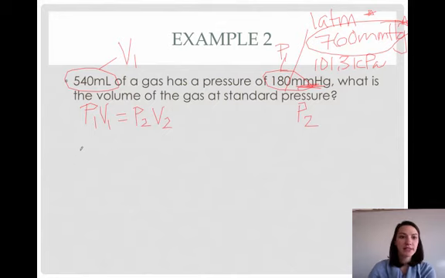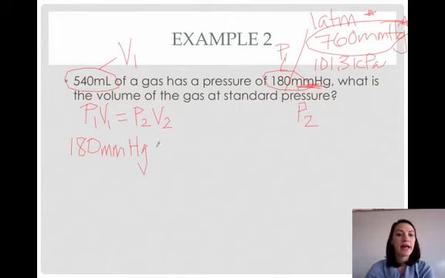So my pressure is going to be 180 millimeters of mercury, Hg. And then I'm going to multiply it by my initial volume, which is 540 milliliters. Okay, and what is that going to be equal to?